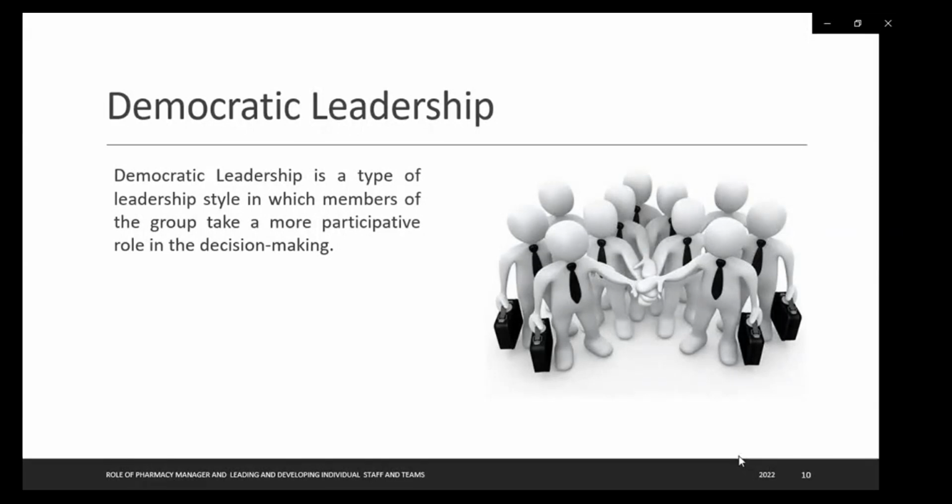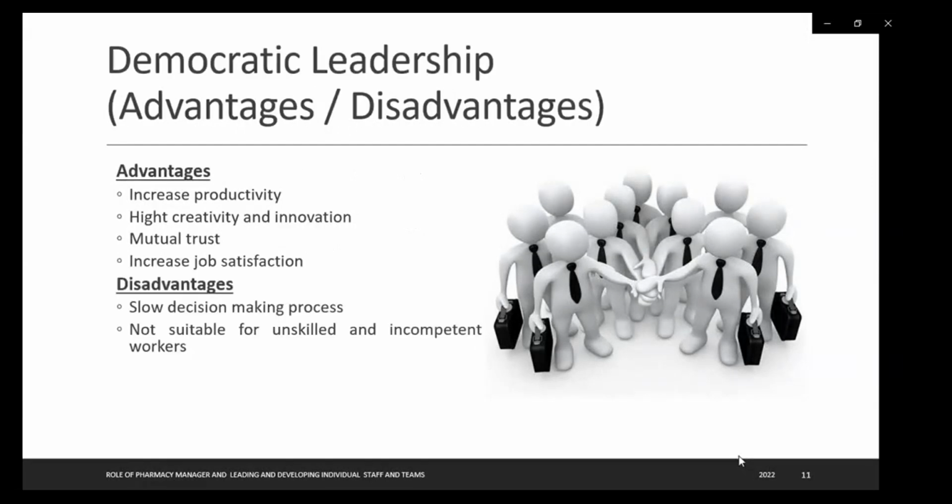Let's see the advantages and disadvantages. Increased productivity, high creativity and innovation, mutual trust among employees, and increased job satisfaction. A slow decision making process and not being suitable for unskilled and incompetent employees are two of the disadvantages.